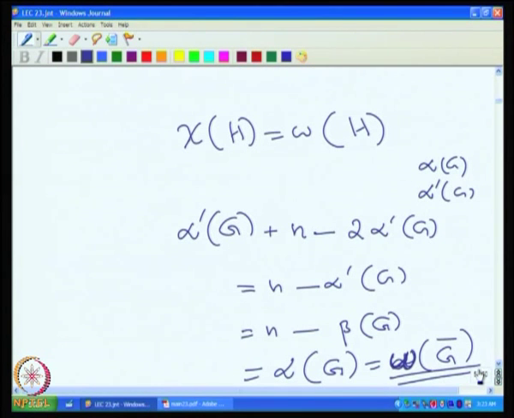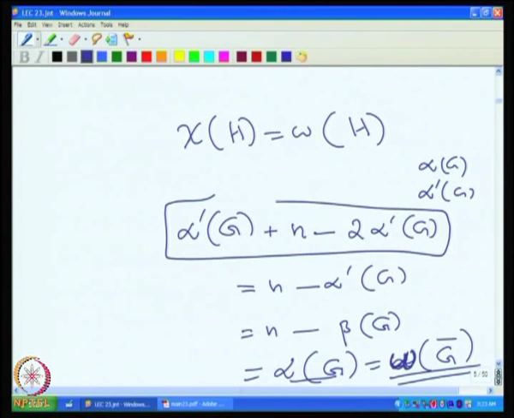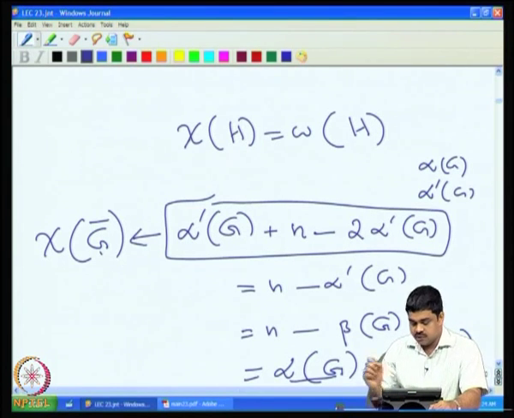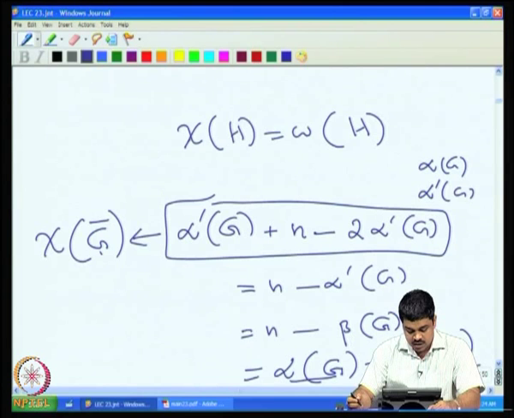So, we are talking about the complement of a bipartite graph. In the bipartite graph, its independent set number becomes the clique number in the complement, that we have seen. That corresponds to the clique cover number, that means the minimum number of cliques required to cover the vertex set of the bipartite graph, which happens to be the chromatic number of the complement of the bipartite graph. So, we got that for the complement of the bipartite graph, chi and omega are equal.